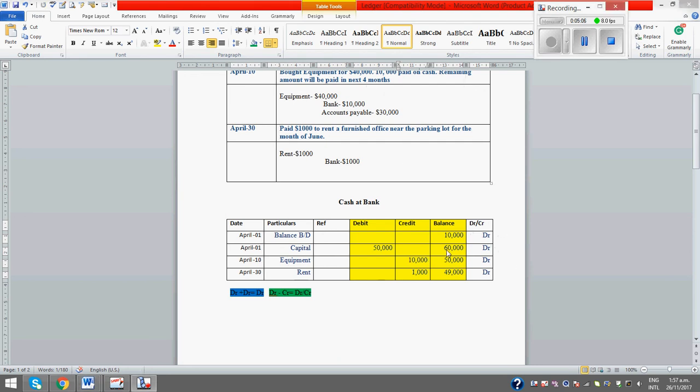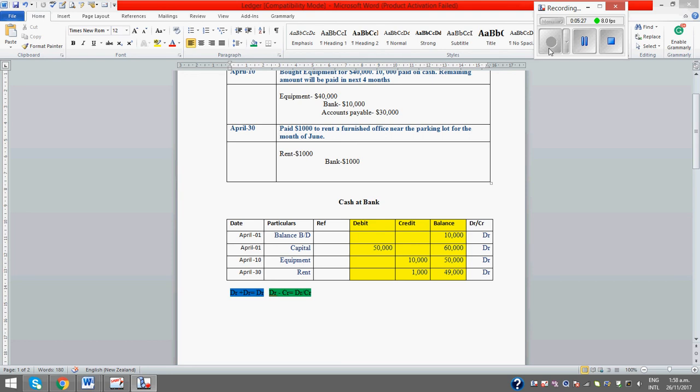Now you can see your $60,000 is debit, then you see $10,000 is credit, so it means debit 60,000 and credit 10,000. When you see debit and credit, you need to subtract the amount.